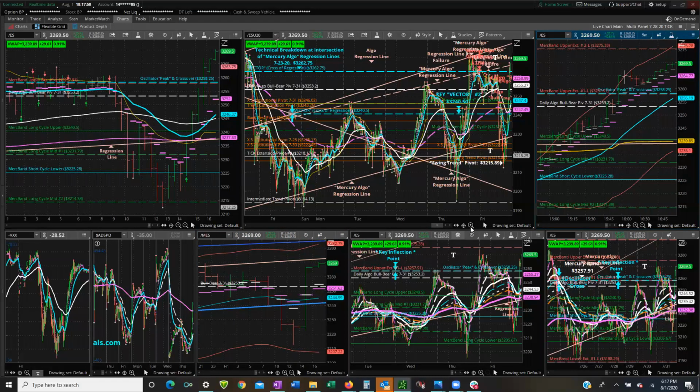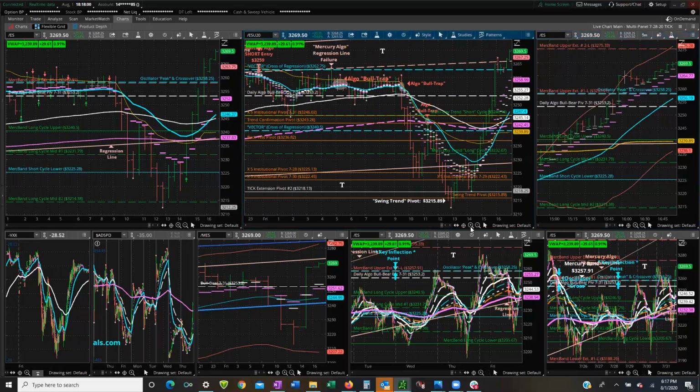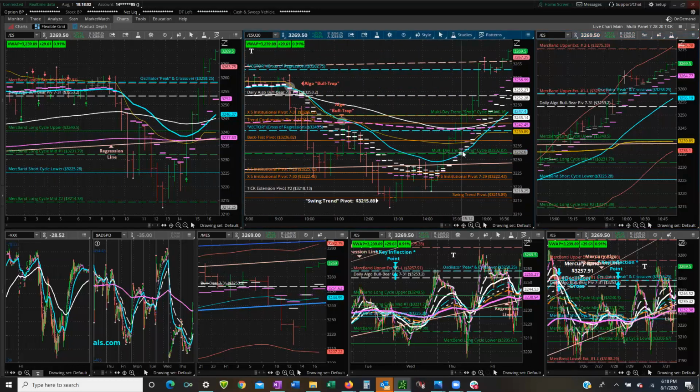Now, I can't get it to auto-populate when the day trade algo goes long or short, but it's real easy, like I said. Changing the momentum algo, and then you get the crossover in the volatility metric, but don't chase it. You got to wait for a pullback.